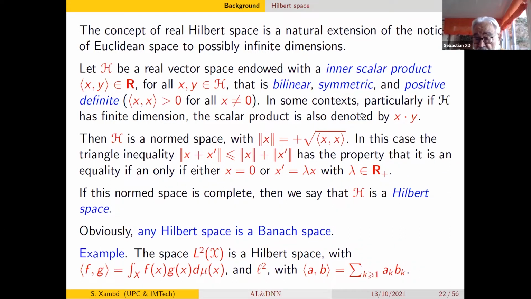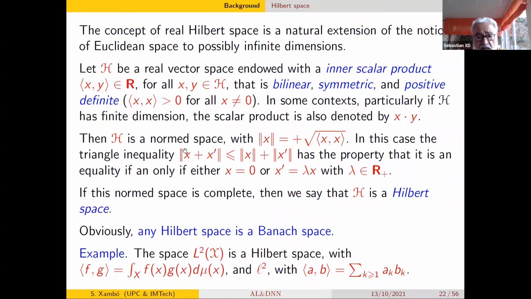In some contexts, and maybe myself later on, this is denoted also by x dot y. H is a normed space by defining the norm as the plus square root of the inner product of x with x. This makes sense because this is a positive or zero number.